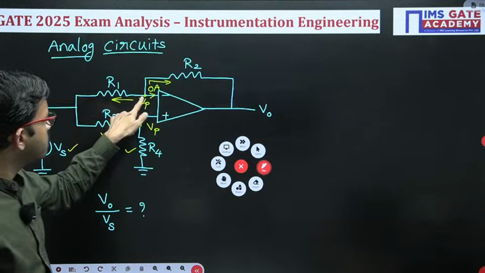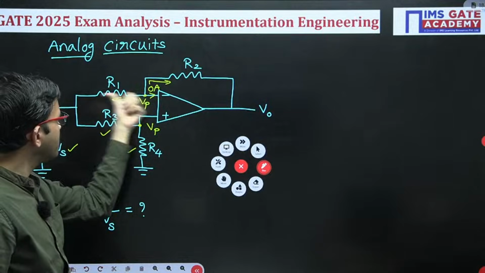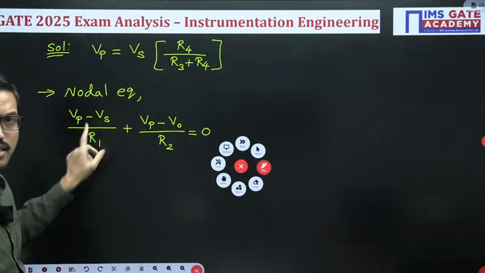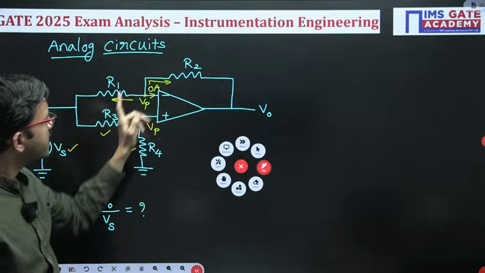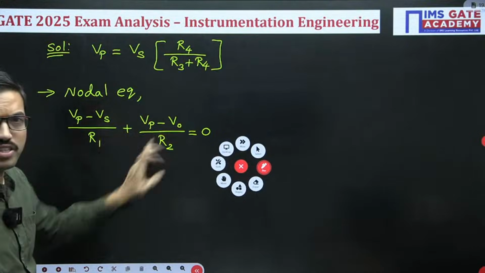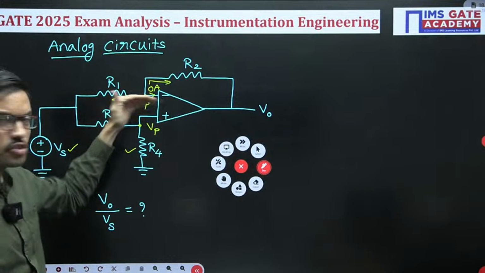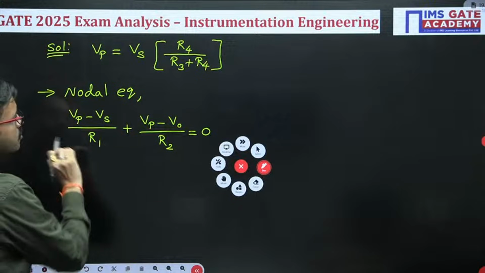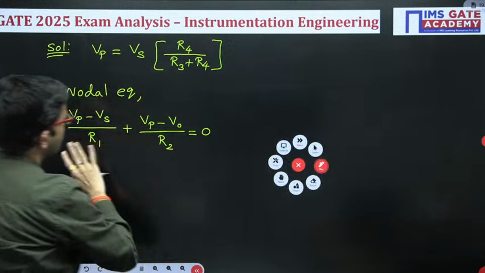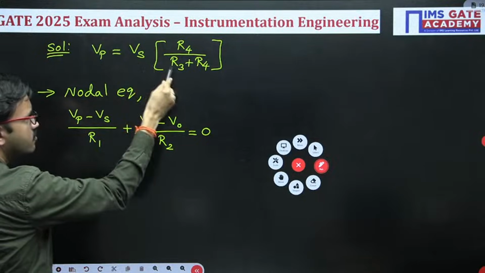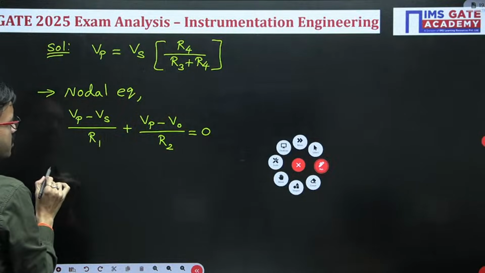To this particular node, a total of 3 branches are connected. In this branch, the current is Vp minus Vs by R1. In this branch, the current flowing is Vp minus V0 by R2, whereas in this particular branch no current flows. The sum of all the leaving currents is equal to 0. Now this equation is in terms of Vp, but we already have the Vp expression, so you can substitute it here.